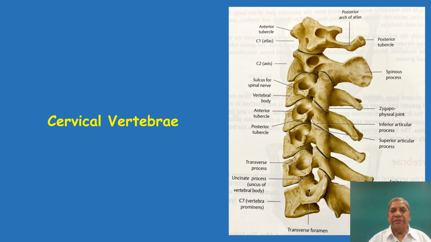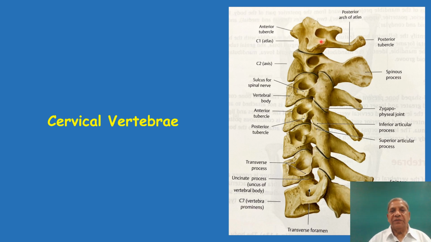See the pointer, this is the third cervical vertebra, fourth, fifth and this is the sixth. All these 4 cervical vertebrae from C3 to C6, their structure resembles almost each other, that is why they are called typical cervical vertebrae.